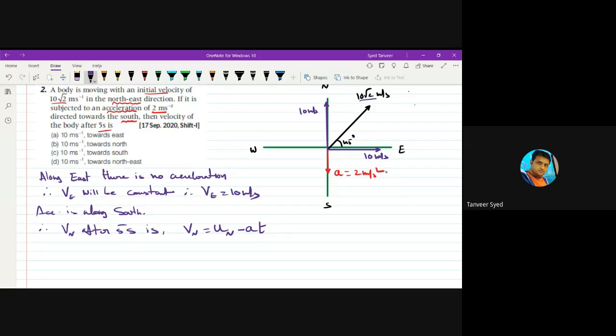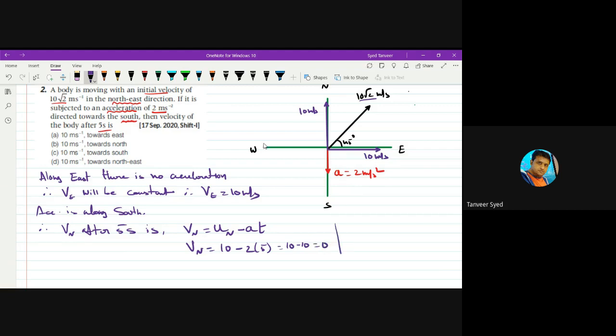Why minus? Because velocity and acceleration are opposite, right? So velocity along north is equal to un. Initial velocity along north is how much? 10 minus what is acceleration? 2. And for what time? 5 seconds. So this is 10 minus 10, which is 0.